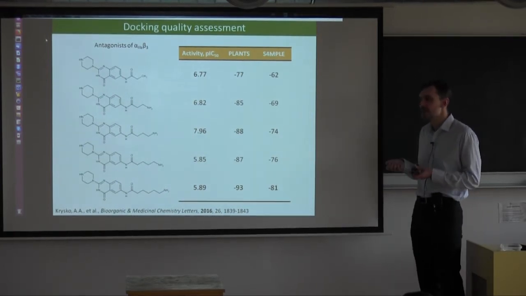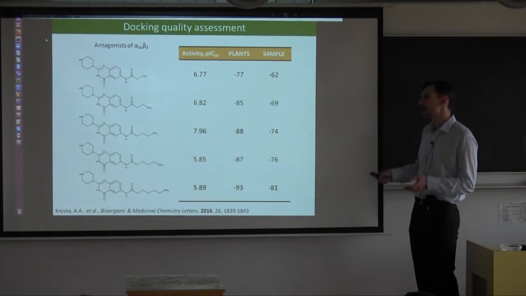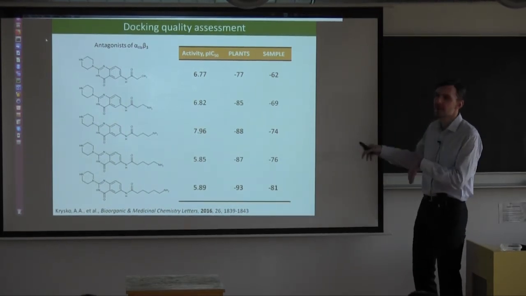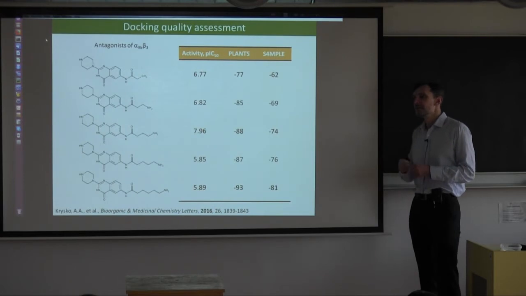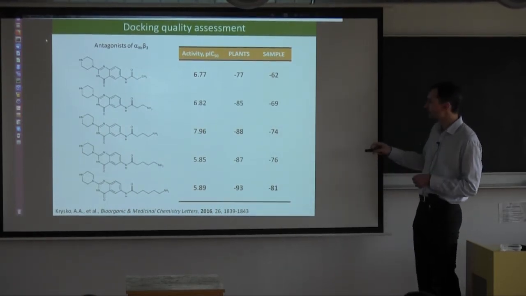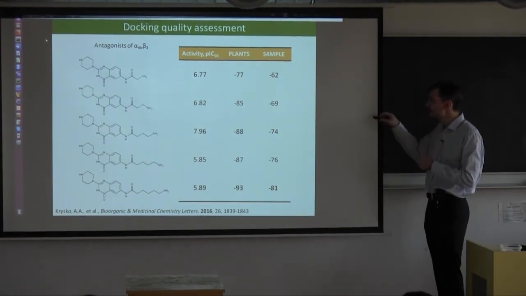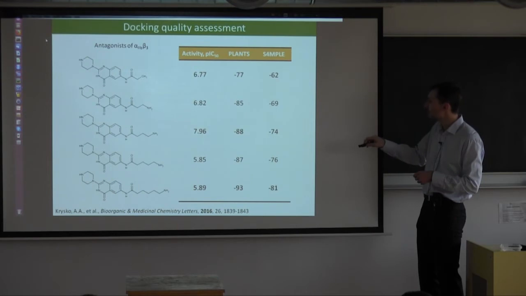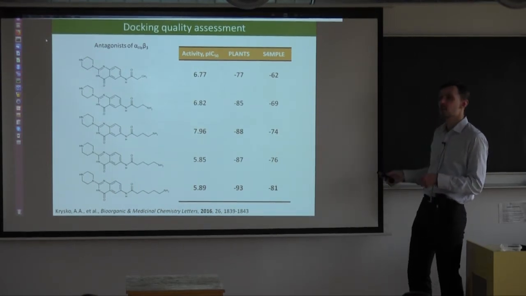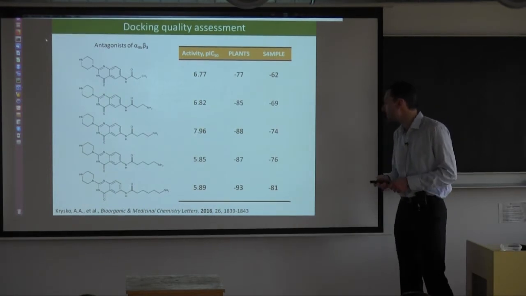I observed it many times, and even with modern software and scoring functions based on neural networks, deep learning networks, all of them cannot predict this feature. So I tested exactly these compounds on a modern scoring function, and I see the same behavior. Elongation of a chain improves the predicted score, but that's not the truth.